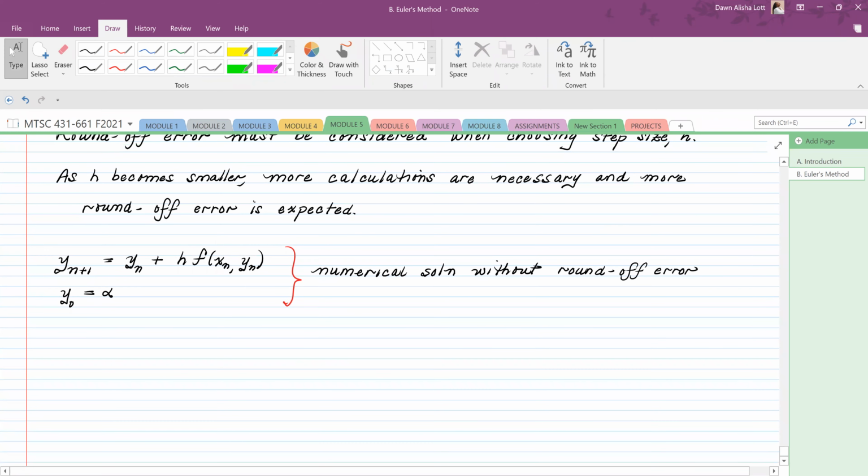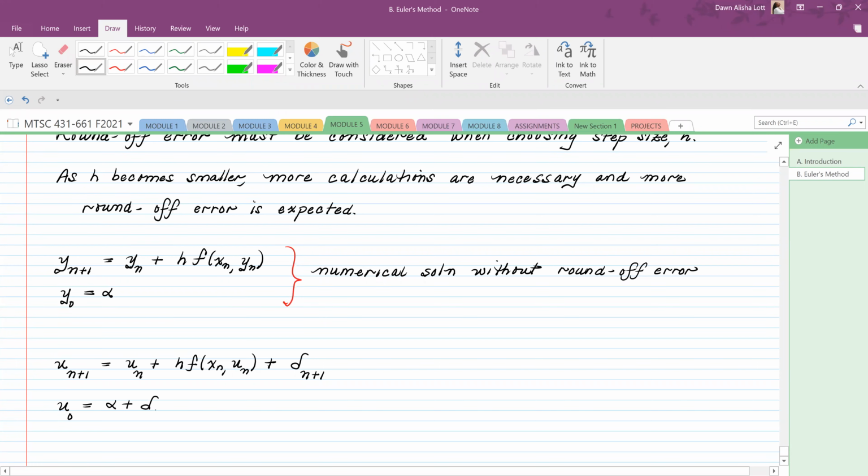Okay. So now, if we have round off error, we get u_{n+1}. This is with round off error, and it is going to be u_n plus h times f of x_n, u_n, plus my round off error, delta_{n+1}, and that's at each level, and my u naught is equal to alpha plus delta naught.